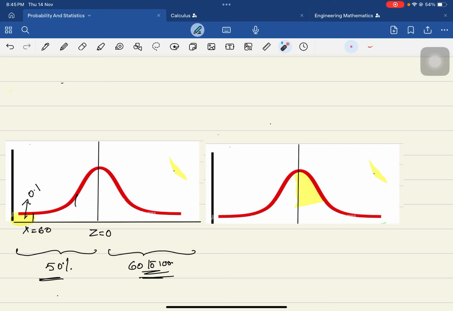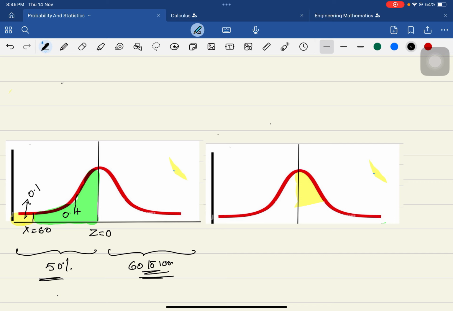Our Z table provides only those values which are adjacent to 0. So when 0.1 is the area covered here, the area covered adjacent to this 0 in this part is 0.4, correct?